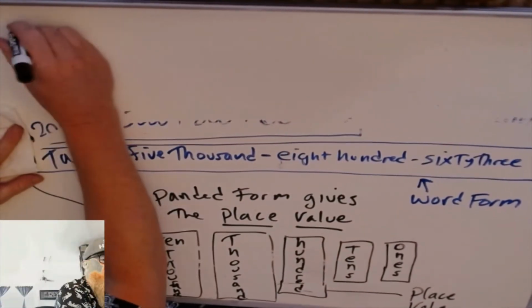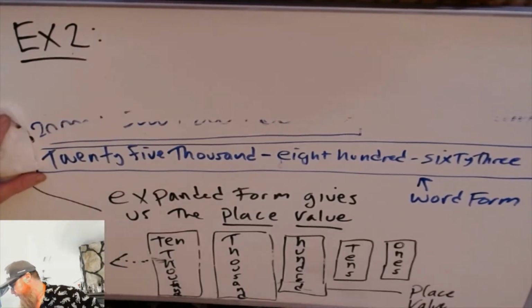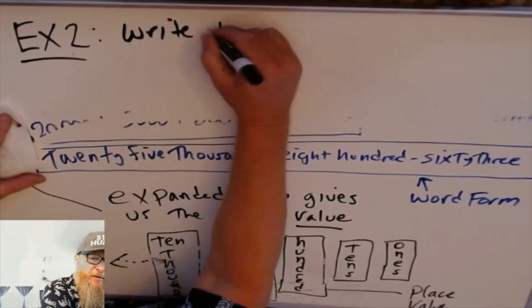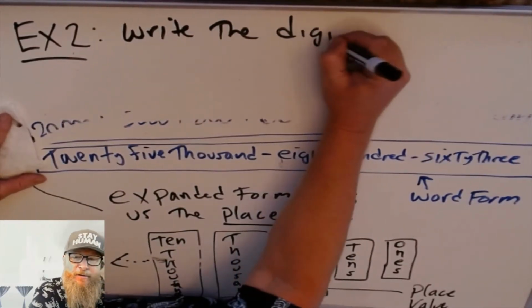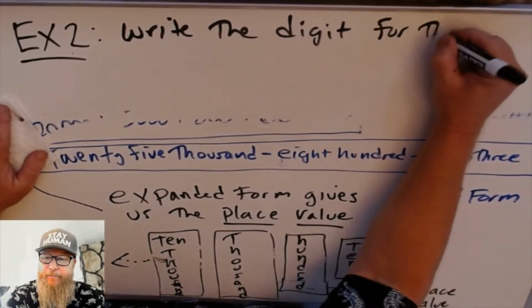So example 2. Write the digit for the given place value.